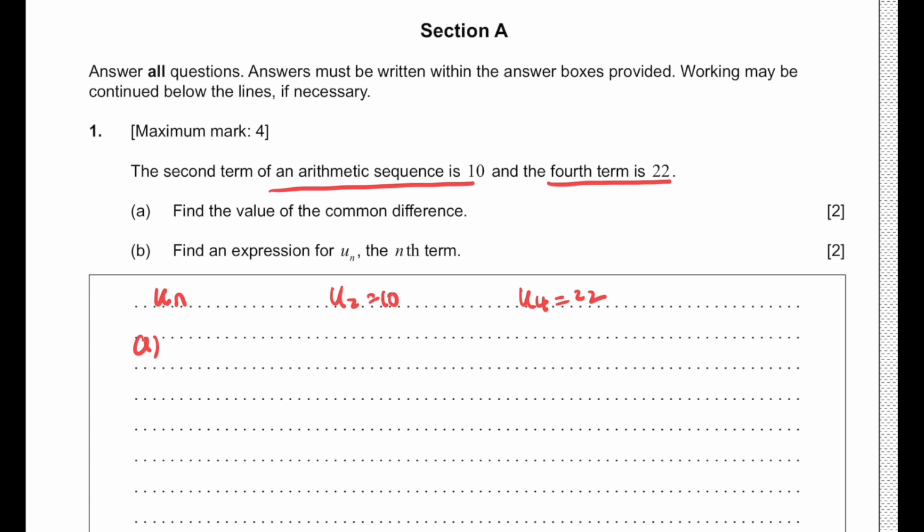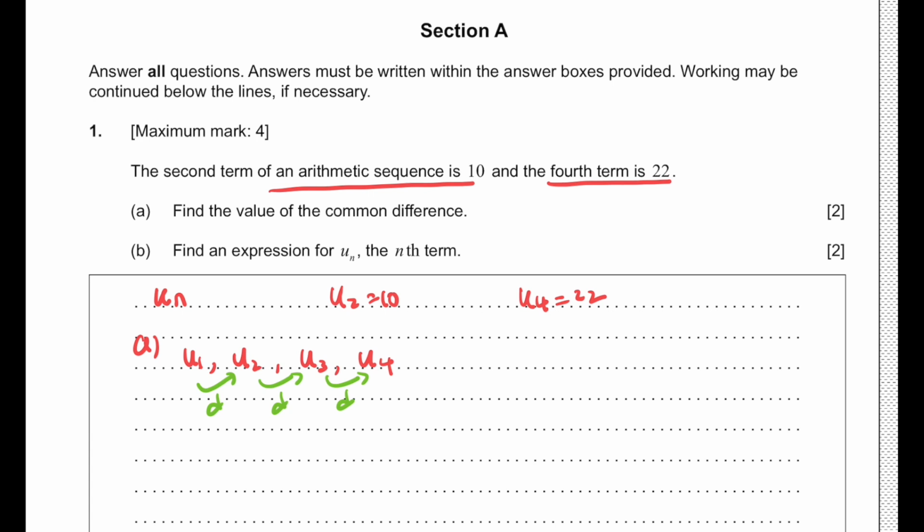So with the arithmetic sequence, we know that since we have a U2 value and U4 value, there can be U1, U2, U3, and U4, right? And with the arithmetic sequence, the difference between two consecutive terms is just the D value, the common difference.